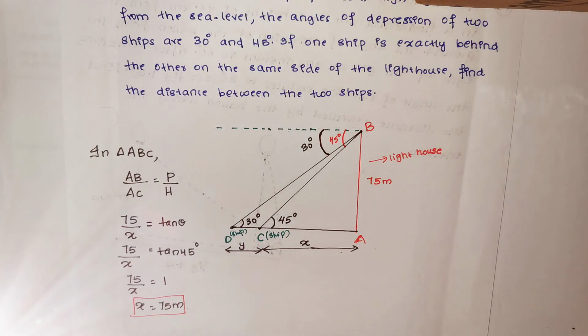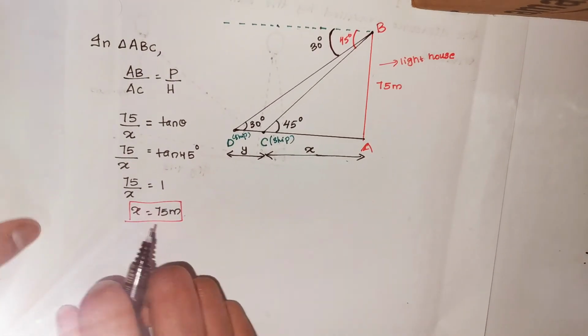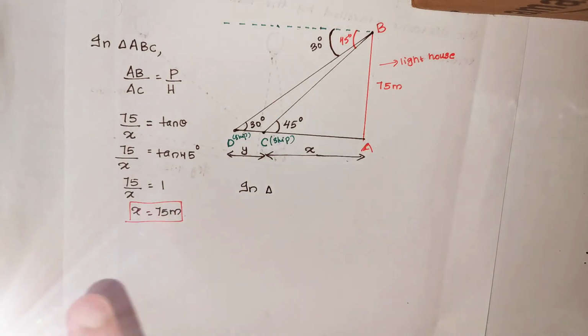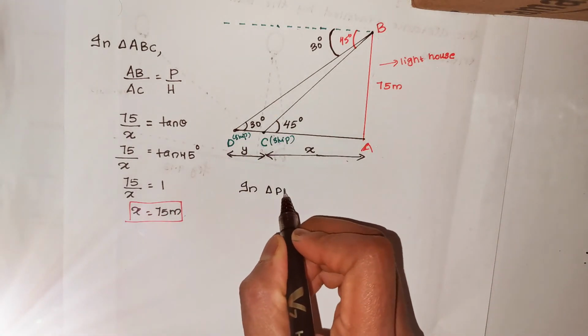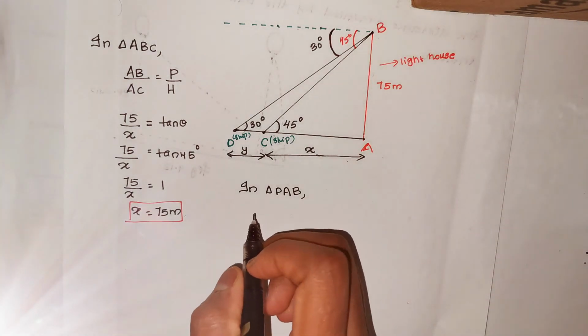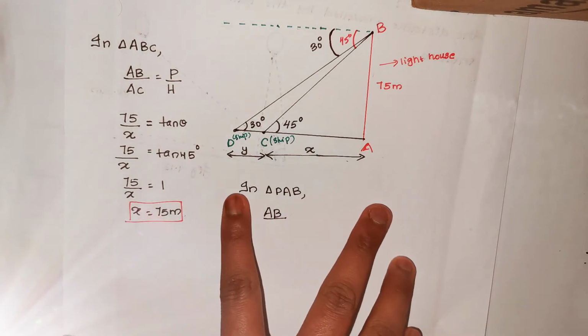Okay, students. So, let's take the triangle. Next, we can take the full triangle DAB. So, in triangle DAB, we can start with perpendicular AB by this full AD.